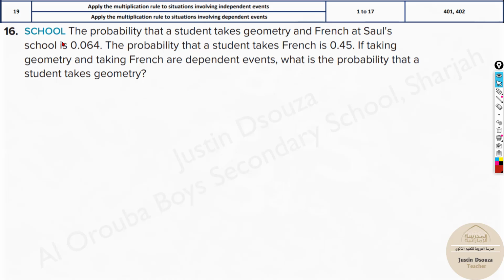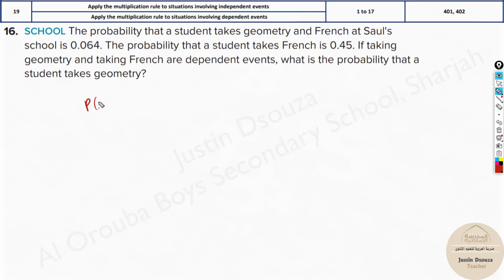Here we have another problem. The probability that a student takes geometry and French at Seoul school is 0.064. The probability that a student takes French is 0.45. If taking geometry and taking French are dependent events, what is the probability that a student takes geometry? Okay, you need to write the formula for dependent events.